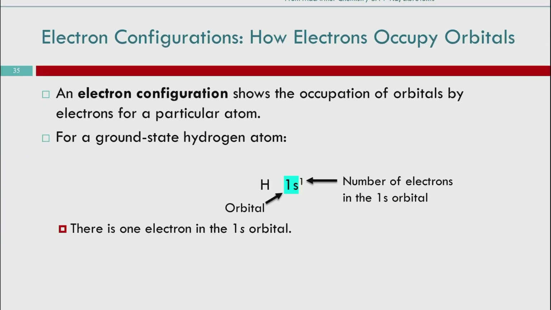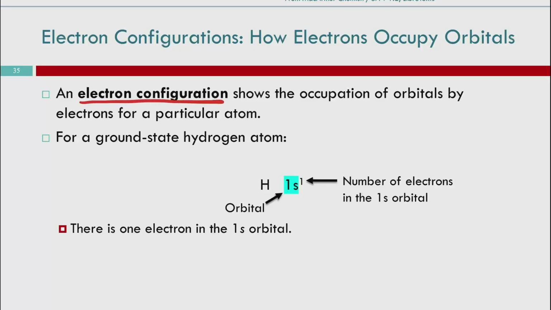So electrons, talking about ground states. For our ground state hydrogen, our lowest energy hydrogen, we just have one electron, because it's hydrogen, and that one electron is in the 1s orbital. We can show where our electrons are with an electron configuration.